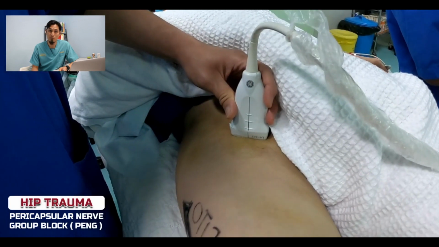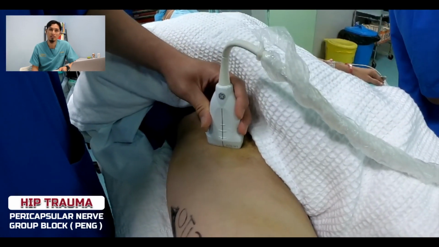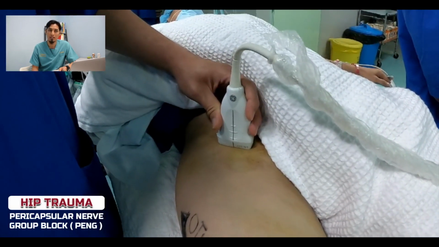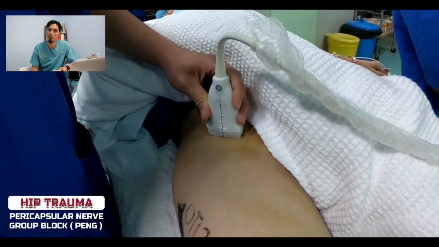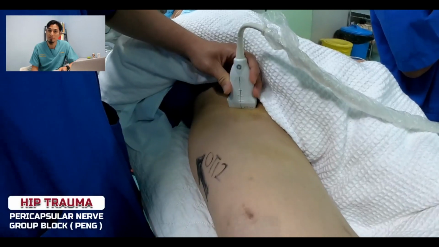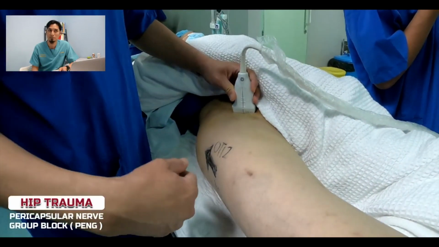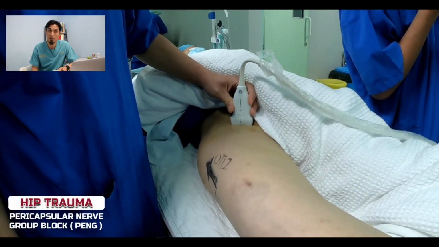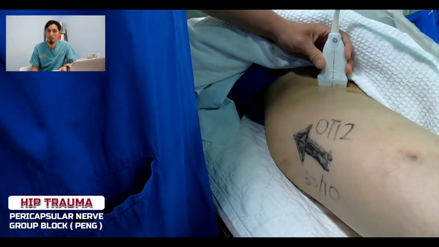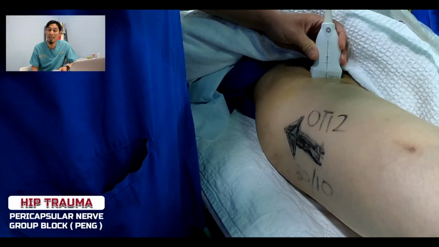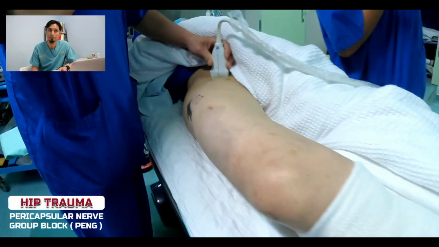PENG stands for Pericapsular Nerve Group. It was first introduced in late 2018 by a group of regionalists primarily from Canada. It is an interfascial plane block aiming to block articular branches supplied by femoral, obturator and accessory obturator nerve.